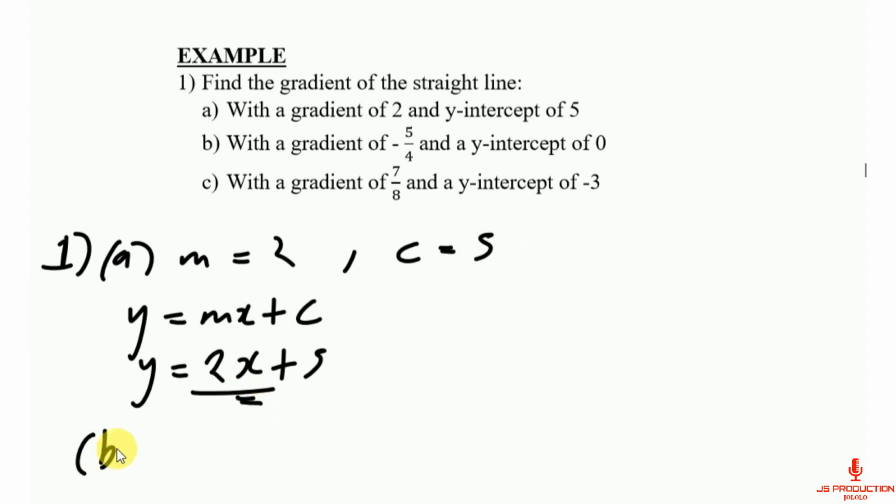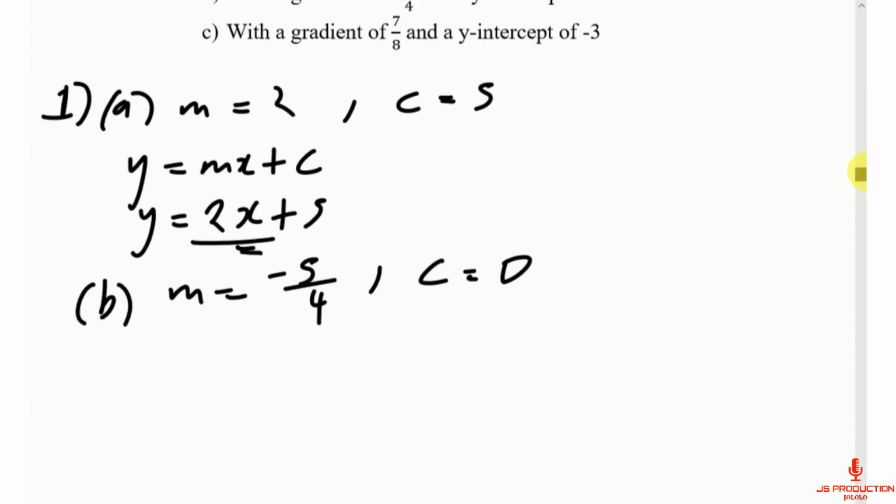What about b? We have been told that the gradient is equal to negative 5 over 4 and our y-intercept is 0. From this we say y = mx + c.